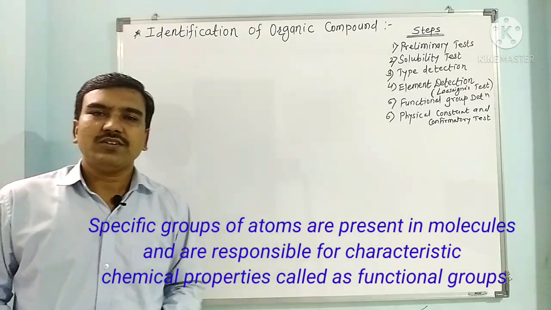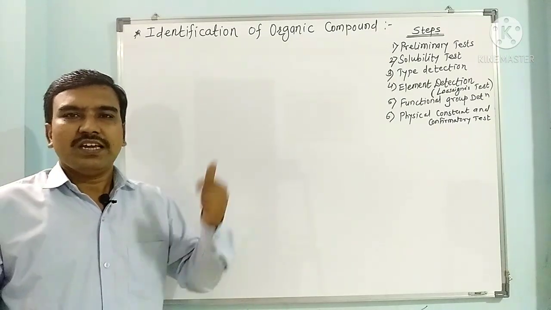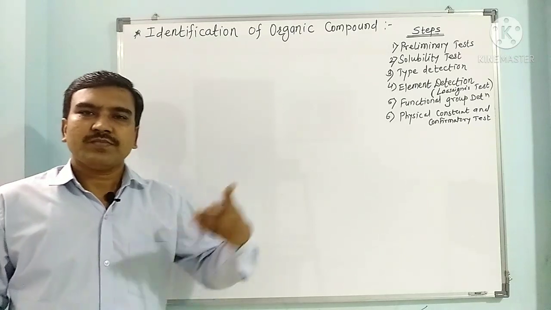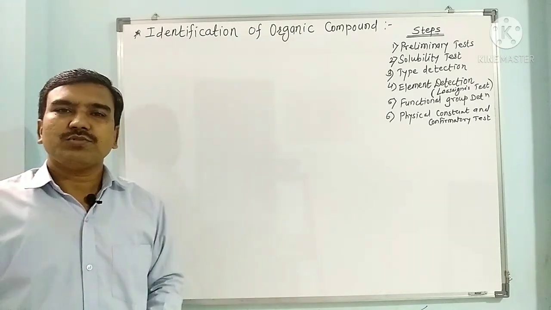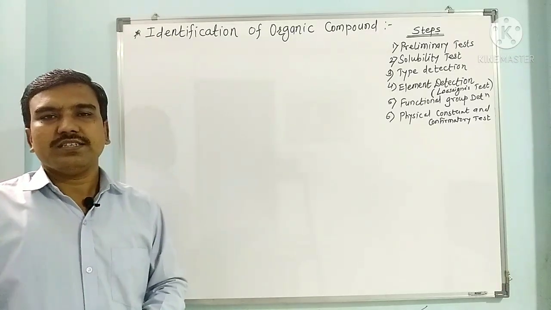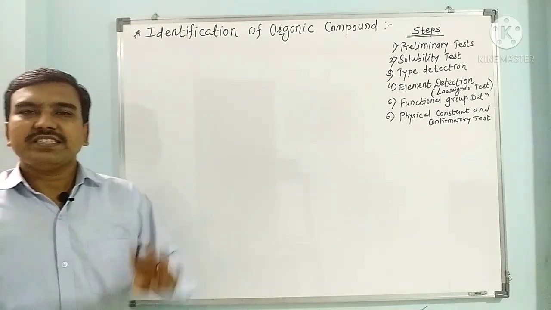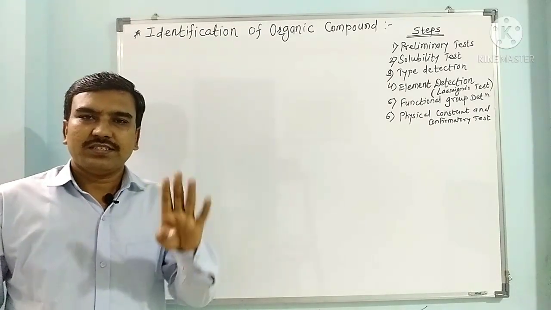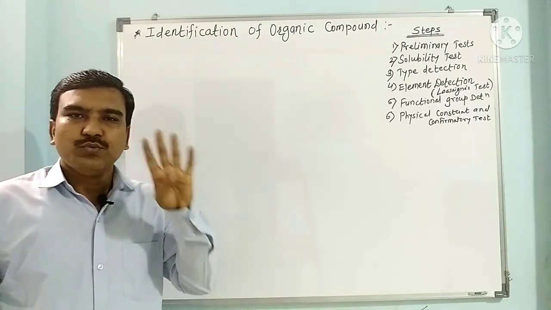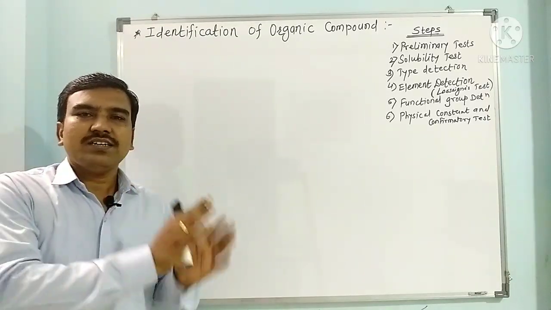On the basis of that, organic compounds are classified into different functional groups such as carboxylic acids, esters, anhydrides, amides, amines, alcohols, then carbonyl compounds, aldehydes and ketones, nitriles. So there are a number of functional groups in organic compounds. All these organic compounds are categorized into 4 chemical types: acid, phenol, base and neutral. So these are the 4 chemical types in which all the organic compounds are classified.